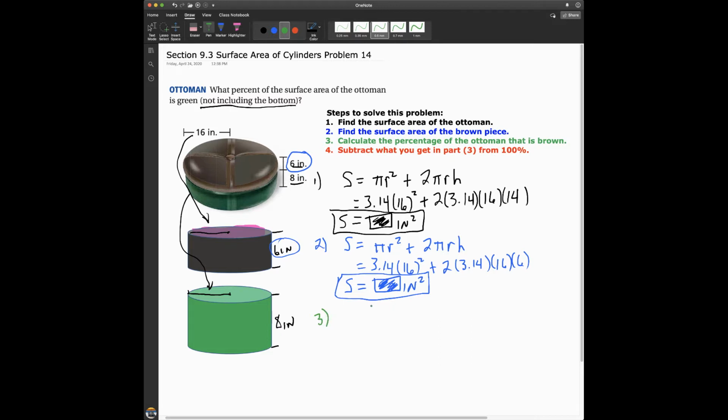To do that, I need to take the surface area of the brown piece and divide it by the total area of the ottoman. Okay, that's all I have to do. And I will end up with a decimal here.